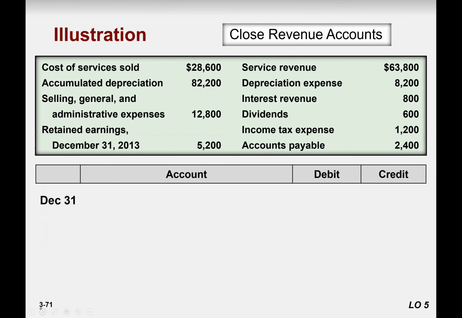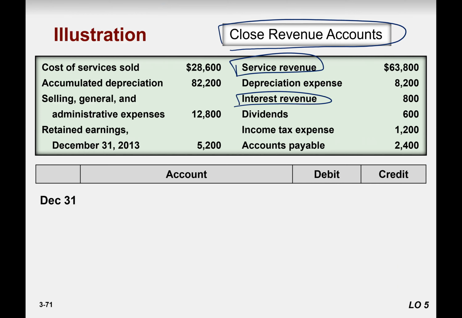So first of all, close the revenue account. So we have two revenues here, service revenue and interest revenue. So when revenue occurred, right? For example, we sold and we received interest revenue. What was the entry we made when these occurred?